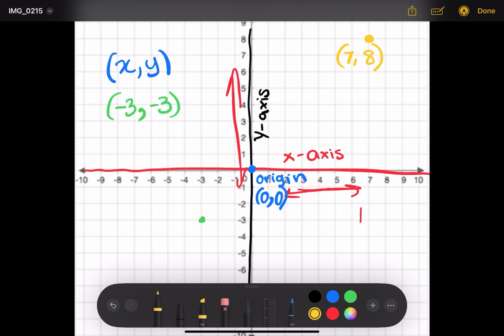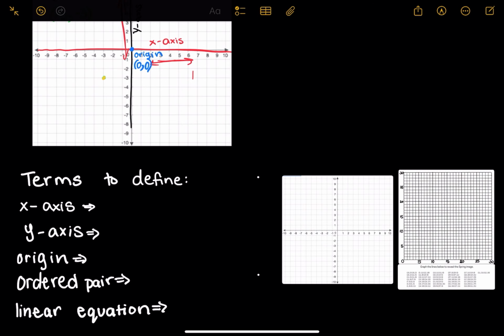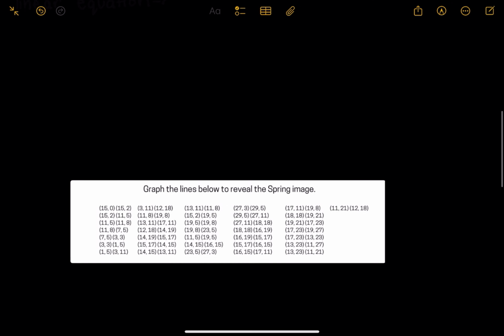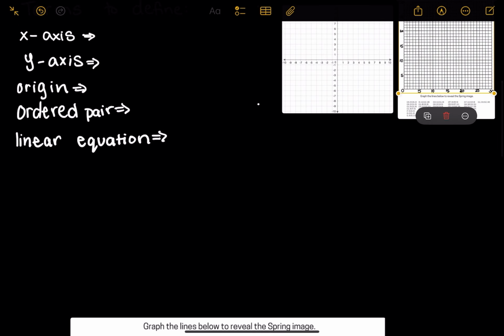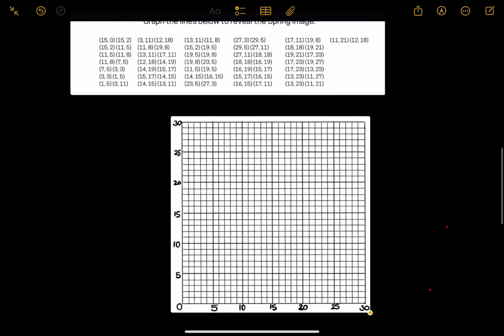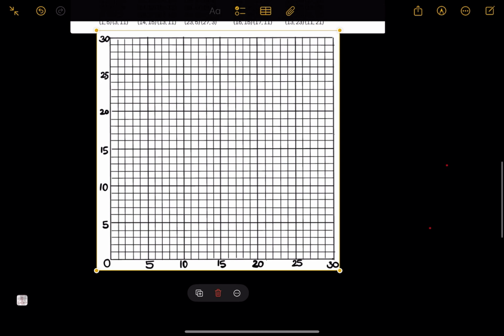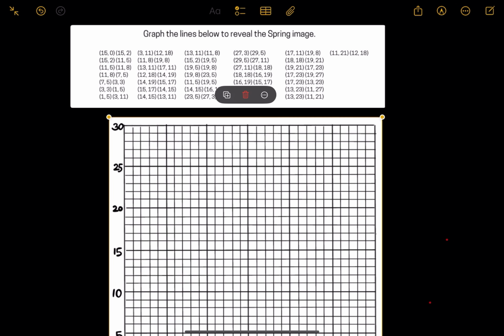So next we're gonna be plotting points. We just did that, plotting points. So try and plot the points. Pause the video, plot these points, and I'll give you an example. Okay, so if we had to plot the point, what you're gonna do first is 15, 0.